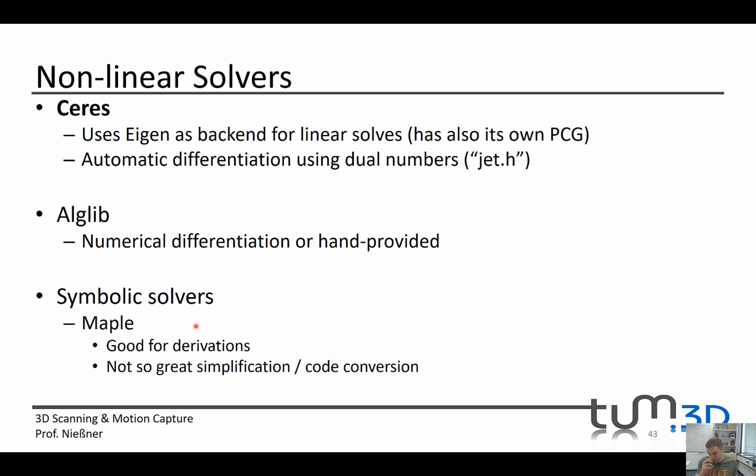Maple is a good tool. Maple is good for theory and trying out stuff, kind of like a whiteboard, but you want a computer to help you with the difficult derivation stuff. Not so great for code conversion and simplification, but very good for symbolic differentiation, actually. There's many more. This is just a few examples that I had a look at, but again, there's many more.